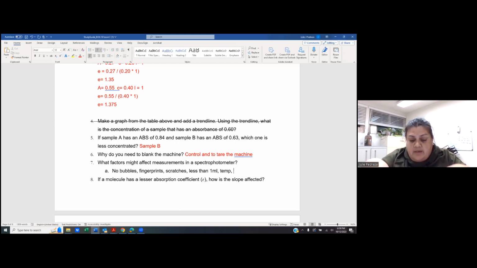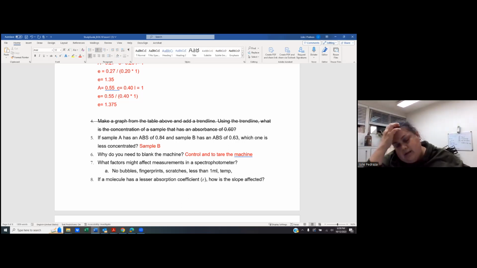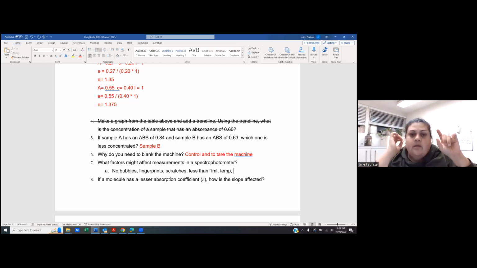And then one more thing that we didn't discuss, I know it's in the PowerPoint and in the manual: the molecule we're measuring cannot be measured at the same wavelength as other molecules.